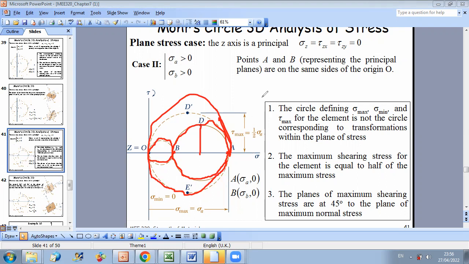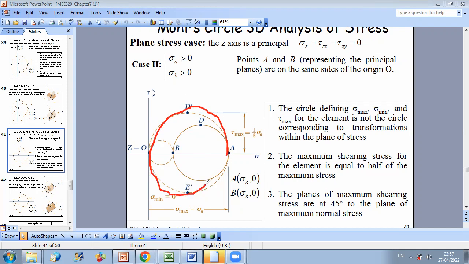This is why we say that the maximum shearing stress is half of the maximum stress, because circle AO has as diameter sigma A, which is the maximum principal stress at point A. Since this point has coordinates 0, 0, and the maximum principal stress is sigma A, the radius of this circle will be sigma A over 2.